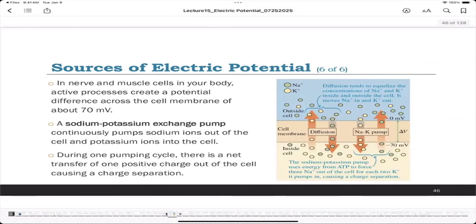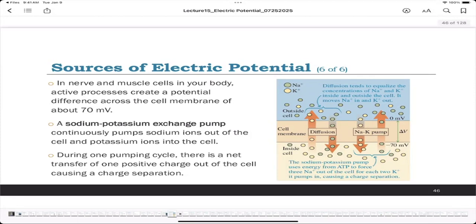And in nerves, there is another application. The nerve and muscle cells in your body actively create a potential difference across the cell membrane of about 70 millivolts. A sodium-potassium exchange pump continuously pumps sodium ions out of the cell and potassium ions into the cell.